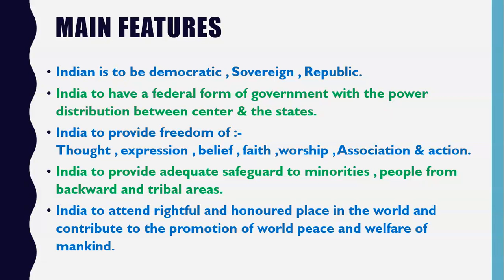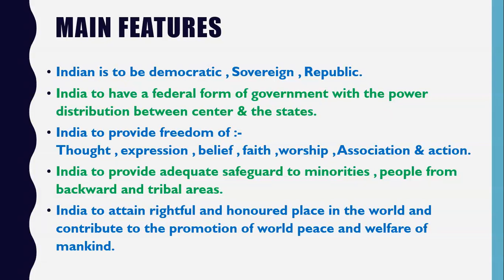Now, what was its next provision? India to attain rightful and honored place in the world and contribute to the promotion of world peace and welfare of mankind. So, what does it mean? So, friends, at that point of time, India did not have any respect in the world. Why?